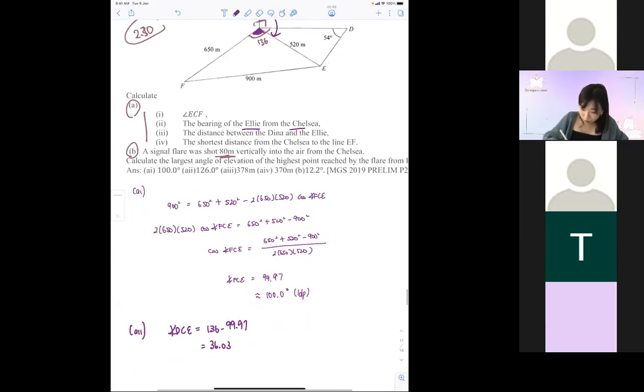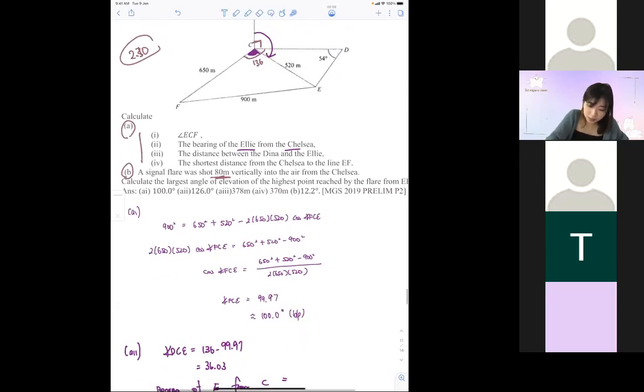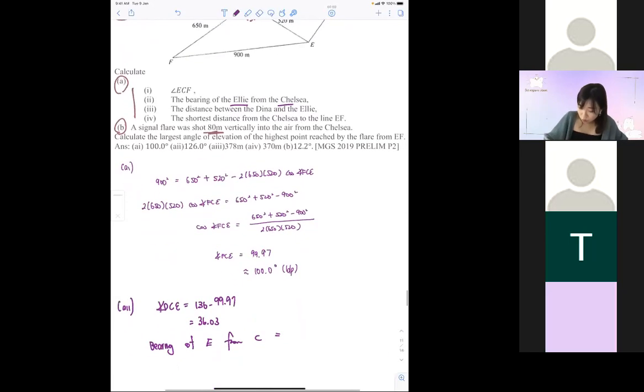So now you want to find the bearing of E from C. It's just 90 plus this. So 90 plus 36.03 is 126.0, again 1 dp.